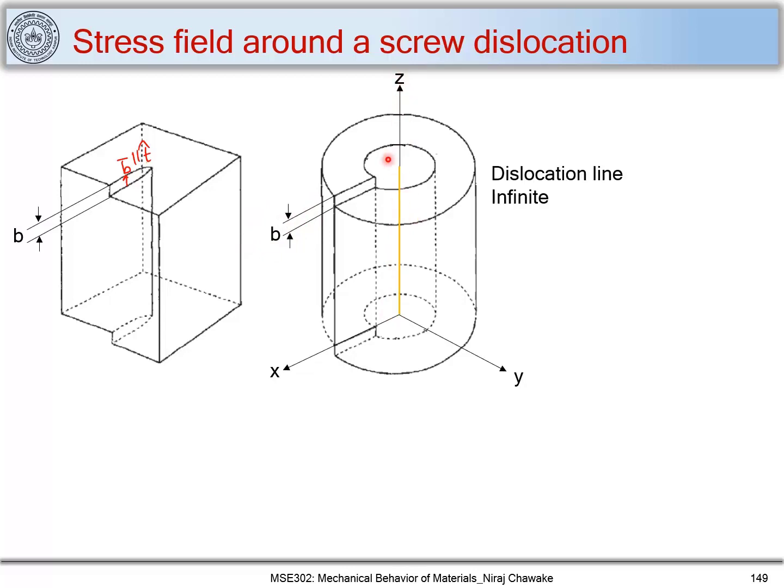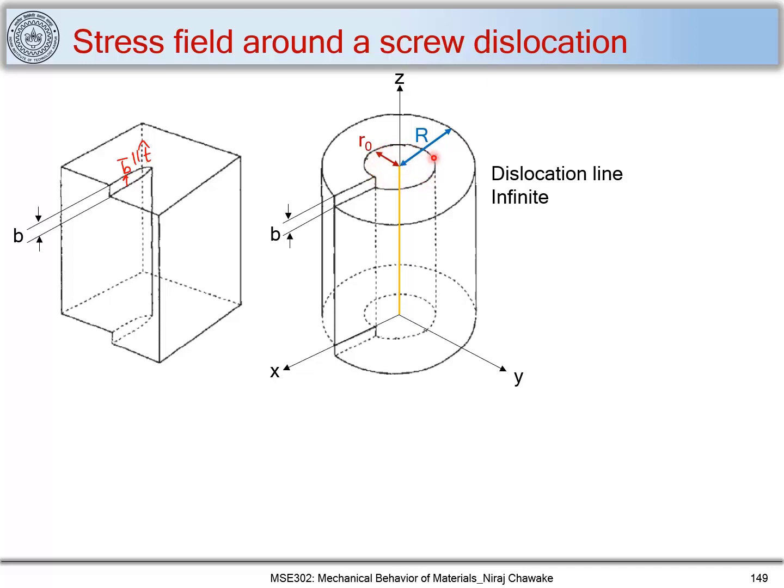The Burgers vector will be parallel to the axis of the cylinder, or the dislocation line. So this is our dislocation line, and an assumption when we find the stress field around a dislocation is that we consider this dislocation line to be infinite. So we have this infinite dislocation line, and let's mark the core.